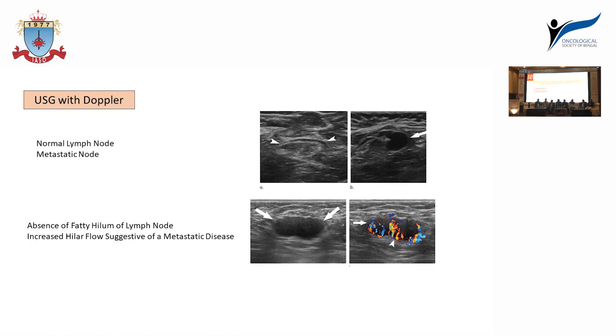So our panel is very sure that these two investigations, mammography and ultrasound with Doppler, are the main diagnostic tools for imaging the axilla in case of carcinoma breast.